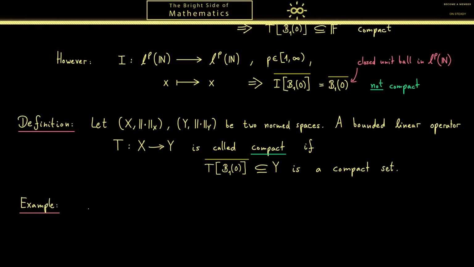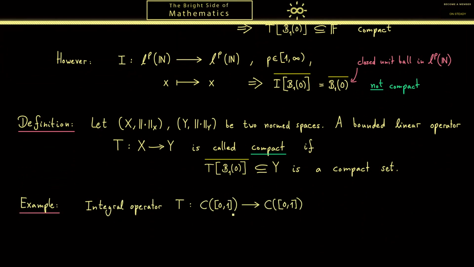Let's look at an integral operator defined for the continuous functions. So it should take a function defined from 0 to 1 and send that to another function in the same space. And as often, the space of continuous functions should carry the supremum norm. So what we can do is apply the operator T to a function f, and then we get out a new function. Hence we can look at what the function does at a given point s, where s comes from the unit interval.